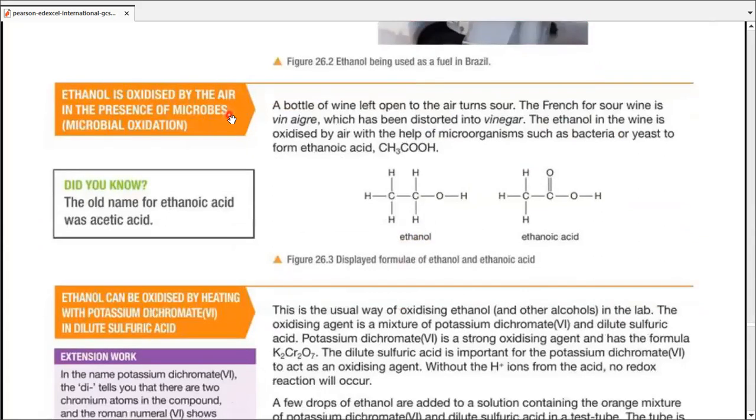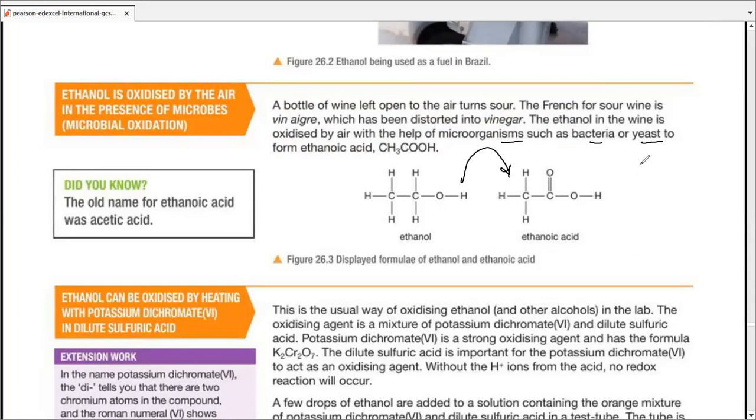Ethanol is oxidized by air in presence of microbes or microorganisms. If a bottle of wine is left open to the air, it turns sour. The French for sour wine is vinegar, which is distorted into this name that we currently use. Actually, ethanol is converted into ethanoic acid by microorganisms such as bacteria or yeast.